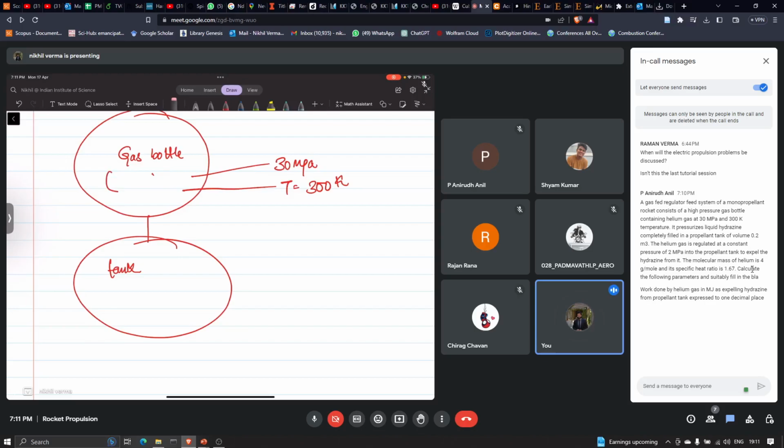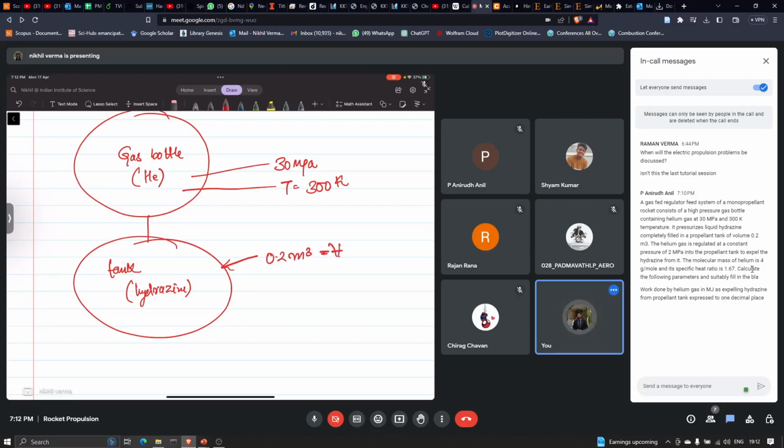This is the helium and this is hydrogen. The propellant tank has a given volume in meter cube.